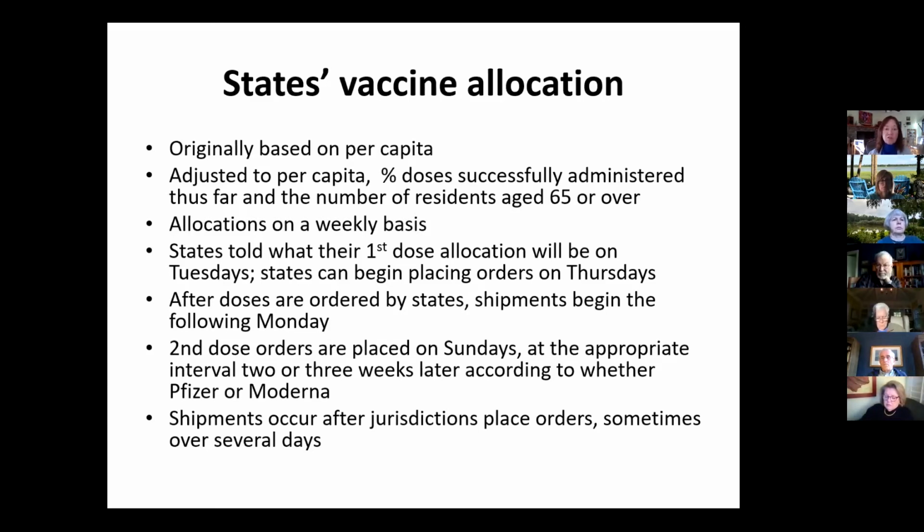The states are told what their first dose allocation will be on a Tuesday. So we can then place our orders on a Thursday, and then we get that shipment the following Monday. Second dose orders are placed on Sundays, at an appropriate interval between 2 and 3 weeks later, according to whether it was Pfizer or Moderna.